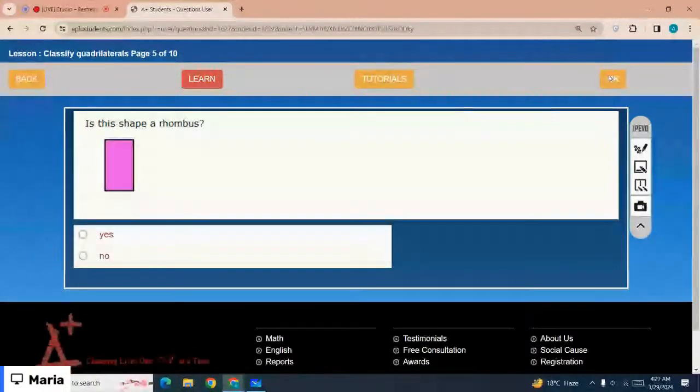Is this shape a rhombus? No, this isn't a rhombus, right?